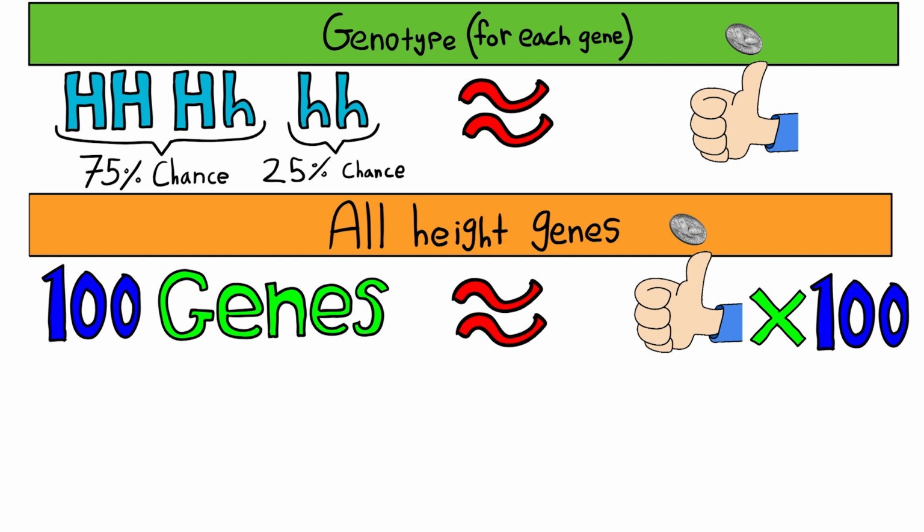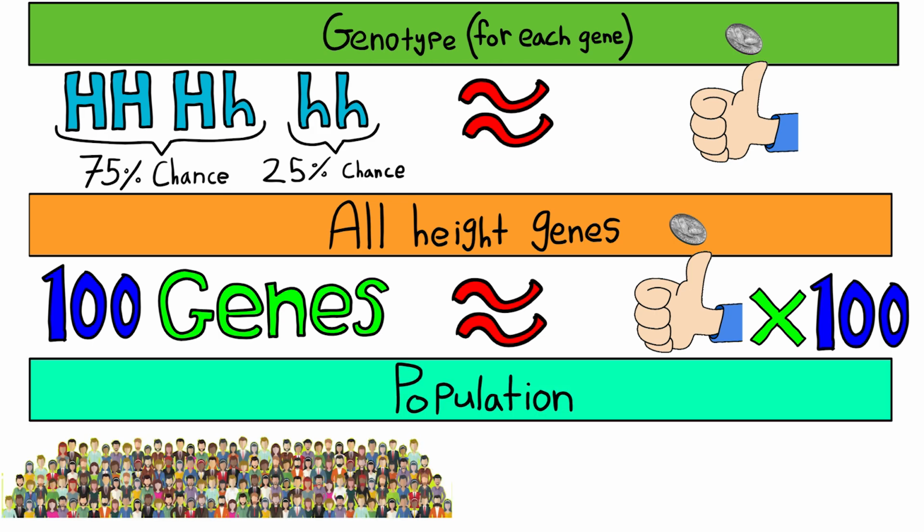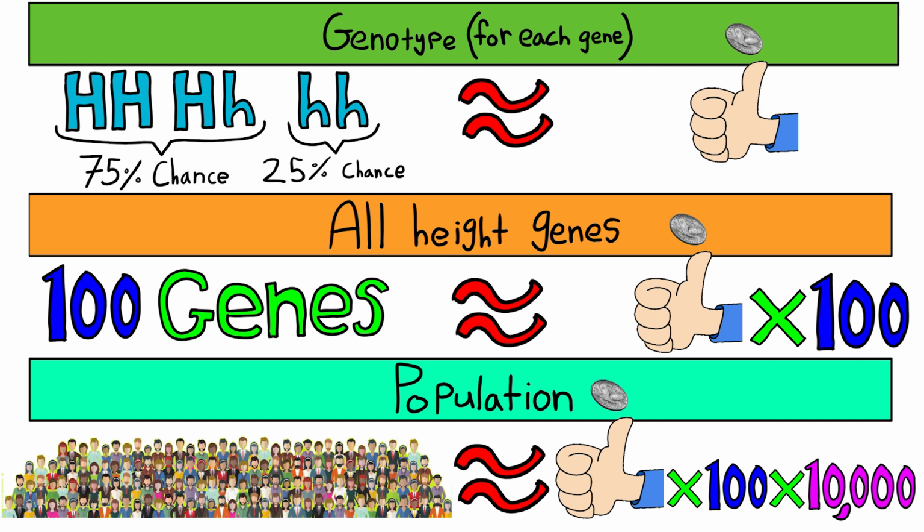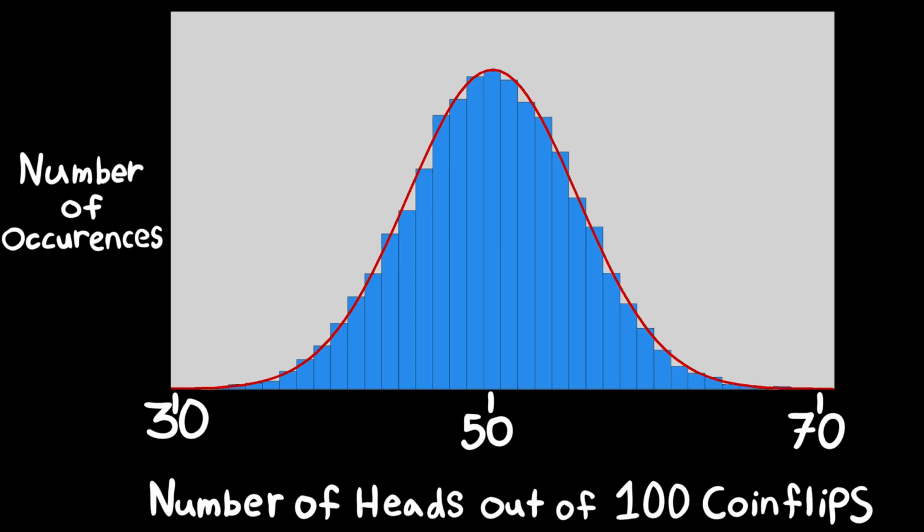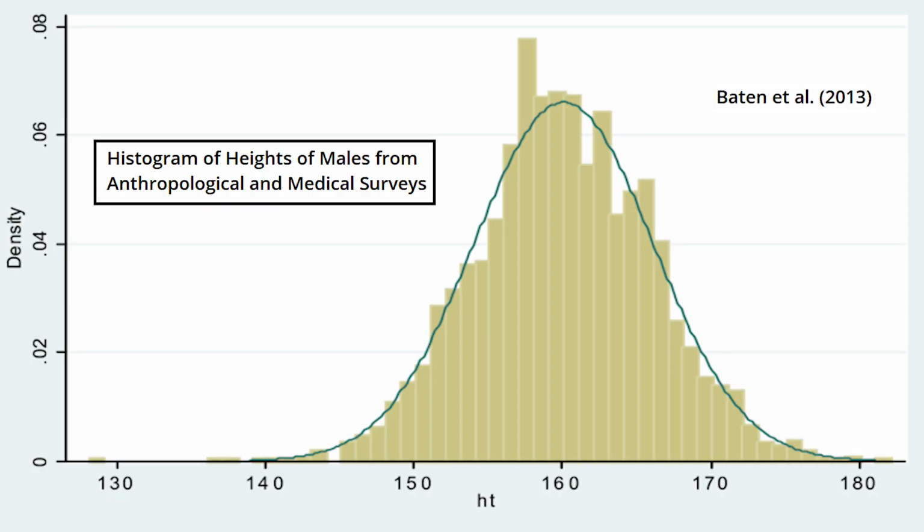With that in mind, what would it look like if we plotted a histogram of the heights of 10,000 people from this new generation? If you think about it, this is identical to examining the number of heads from 10,000 different 100 coin flip simulations, which, as we talked about at the start of the video, looks like a bell curve. Therefore, the histogram of heights should also look like a bell curve.